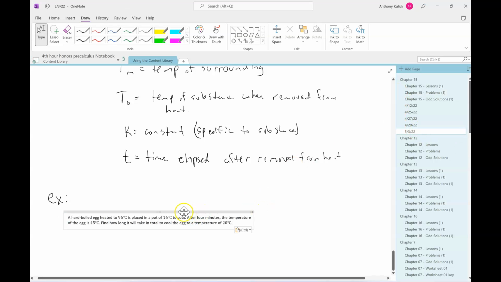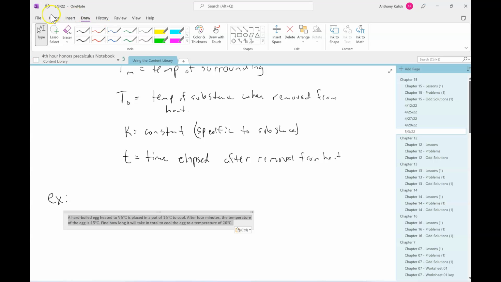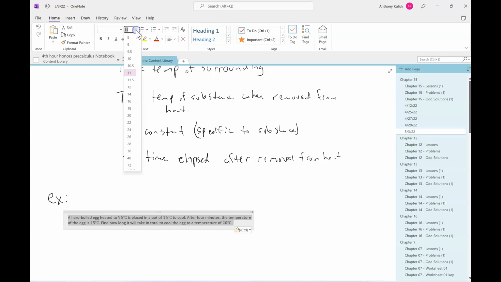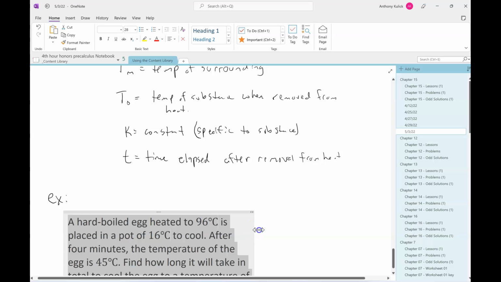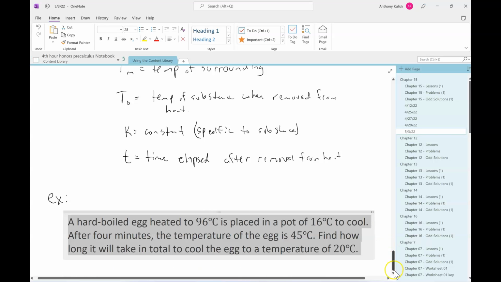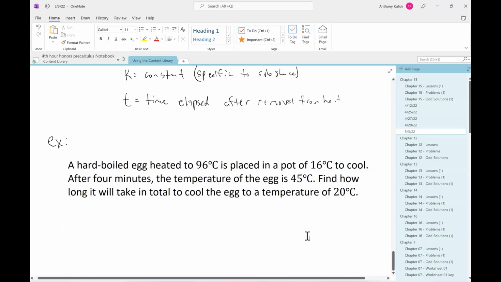All right, let's look at an example. A hard-boiled egg is heated to 96 degrees Celsius, then placed in a pot of water at 16 degrees to cool.